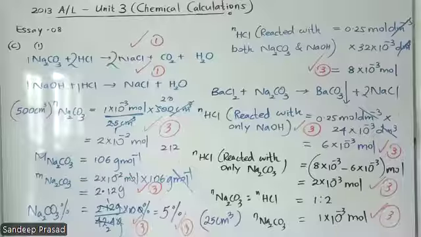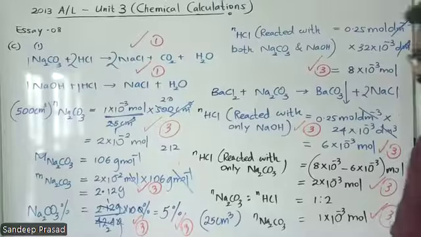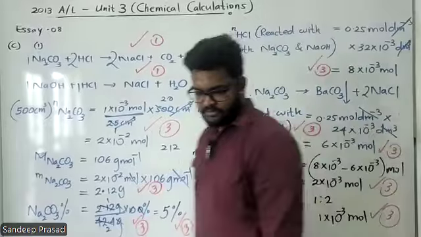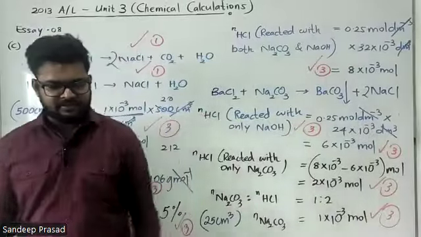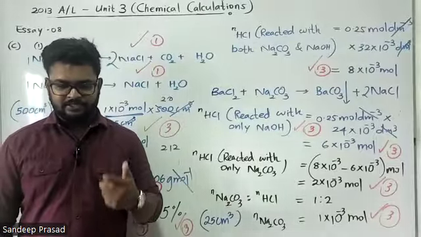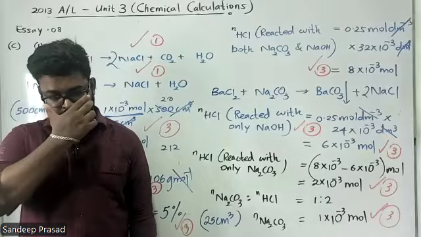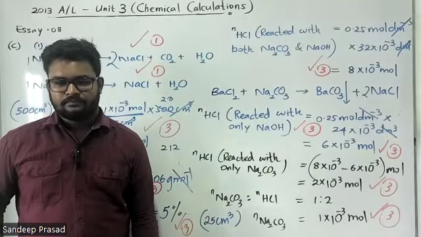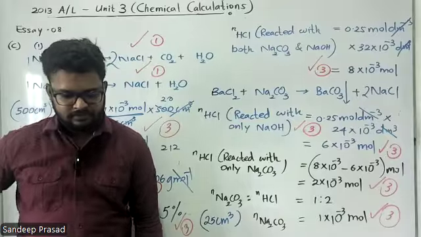They're asking another question, Roman number 3. State any assumptions made in calculating the above. Can you tell me what is the assumption that you made in the calculation? Can anyone tell me what is the assumption that we made? I told you that. Can anyone try?